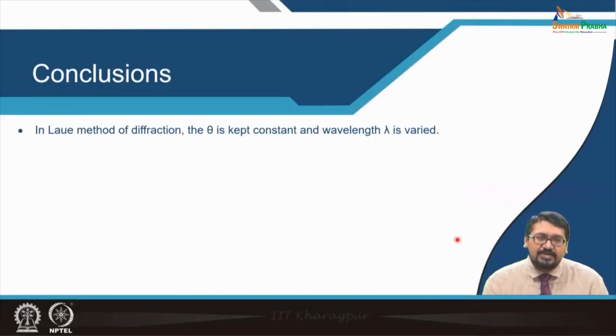So, what we understood from today's lecture is that there is a method called the Laue method of diffraction, where the experiment is done in such a way that a continuous X-ray with variable wavelength is taken, and theta is kept constant to obtain diffraction from various HKL planes.